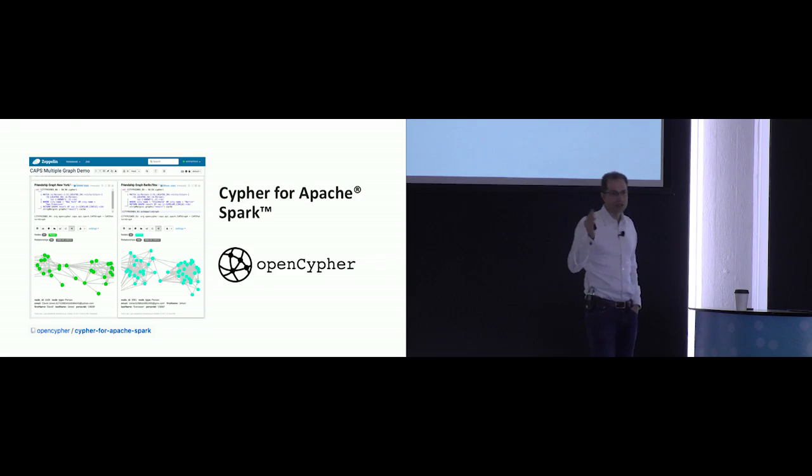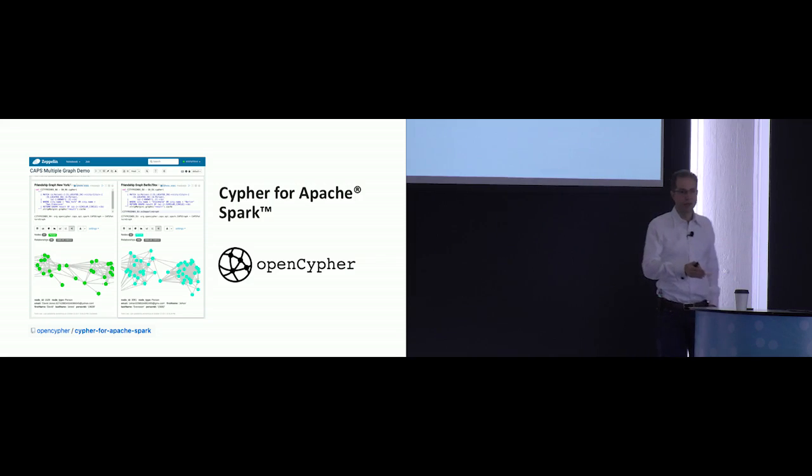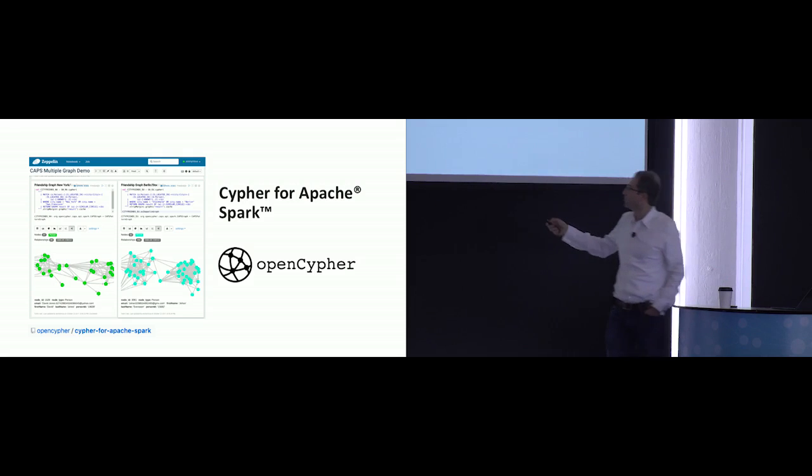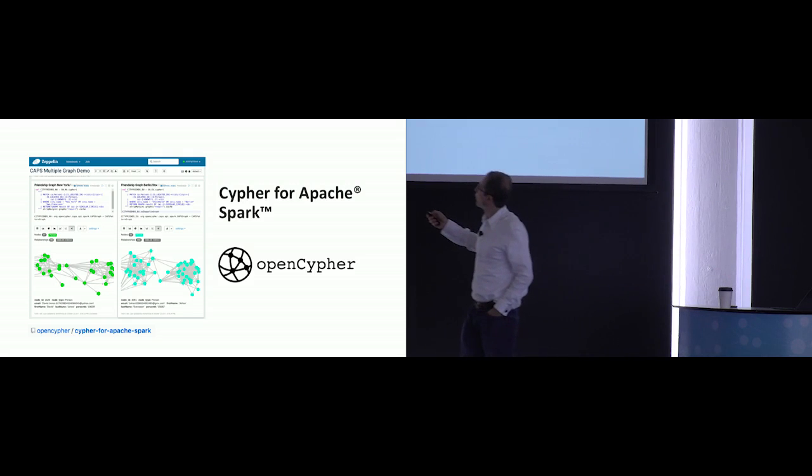In the same way that SQL is a first-class citizen within Spark, we believe Spark should have a declarative graph query language as a first-class citizen. And we've been working towards this. So what you can actually see, it's a bit small, is the same Cypher query running on Spark and running in Neo4j in our lab.